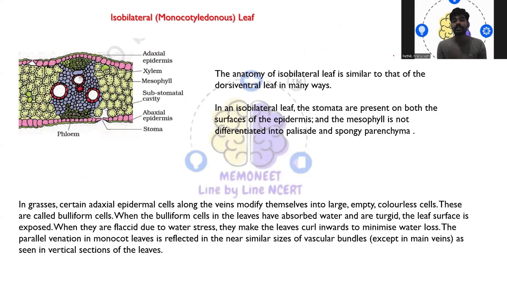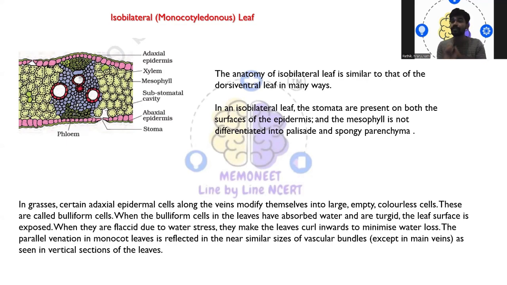In the monocot leaf, the stomata are present on both surfaces. In the dicot leaf they were present in the abaxial epidermis, the lower surface, and here you are seeing that stomata are present on both surfaces. So stomata are present, which means epidermis is also present.